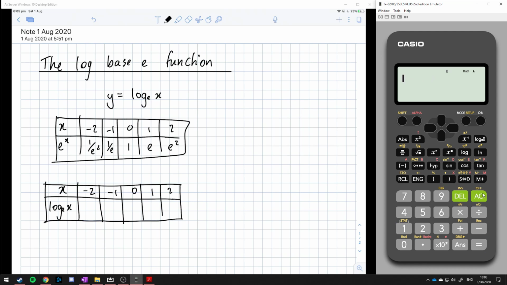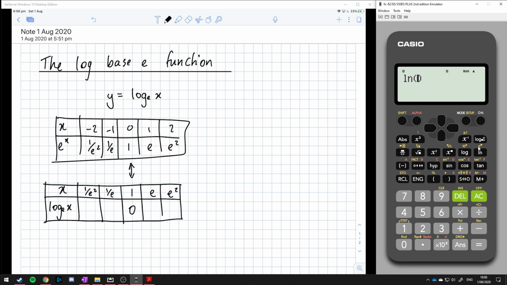In fact, I've done my things around the wrong way. What we're going to do is show that this is the inverse. If I put 1, e, e squared, 1 over e and 1 over e squared into the log function, it should give me 0, 1, 2, negative 1, negative 2. So log of 1 is equal to 0, which is the opposite of that one.